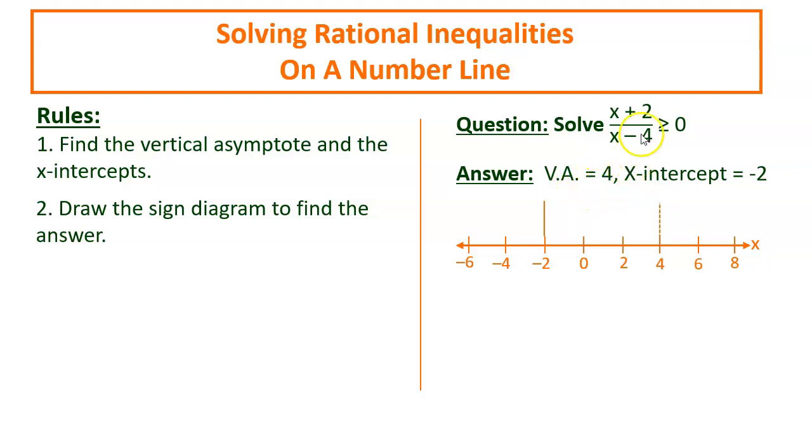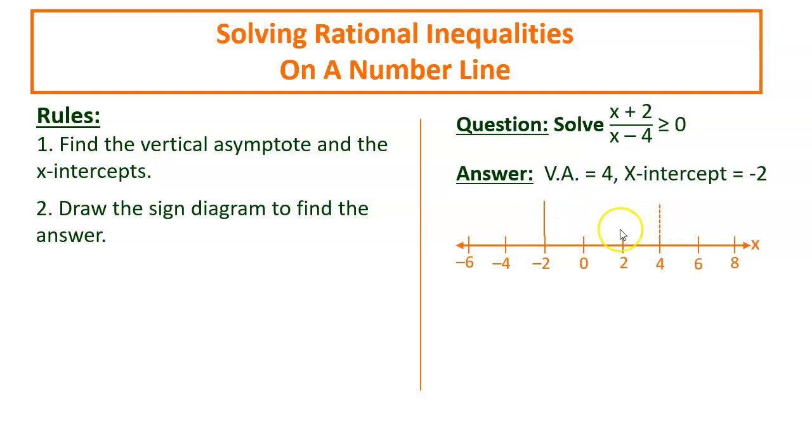Therefore, the graph will not pass through x equals 4, so on top of this 4 we have a dashed line. This is the difference between an x-intercept and a vertical asymptote. We always represent a vertical asymptote by a dashed line and an x-intercept by a solid line.